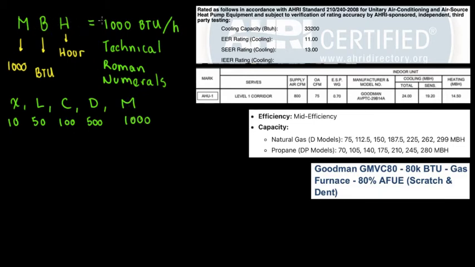So 1000 BTUs per hour, that's MBH. All right, if this is MBH, number one, what is number two? What is MMBH? Since we're considering Roman numerals, M is 1000, and since we have two M's, this is another 1000.